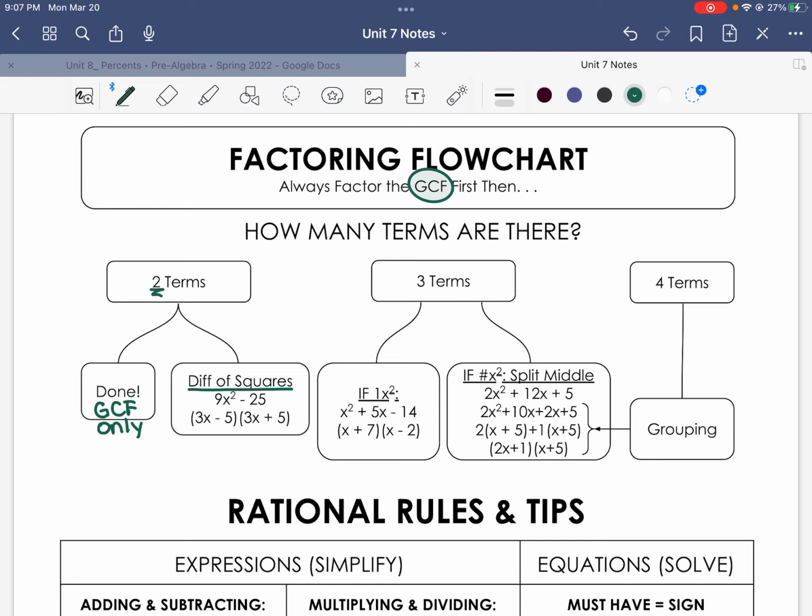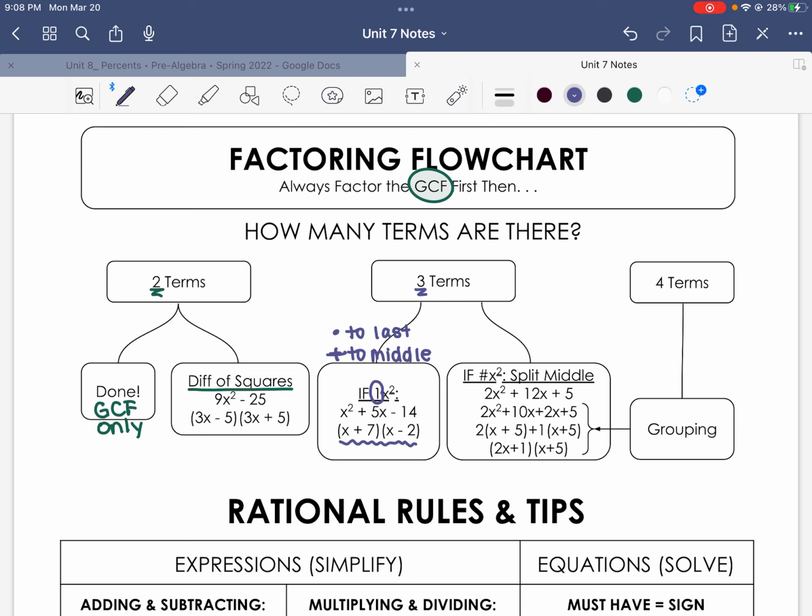If there are three terms, you need to see if there's a number in front of x squared. If there isn't one, if it's just 1x squared, you need to find two numbers that multiply to the last and add to the middle. And then you just write it in two sets of parentheses like this. 7 and negative 2 multiply to negative 14 and add to 5.